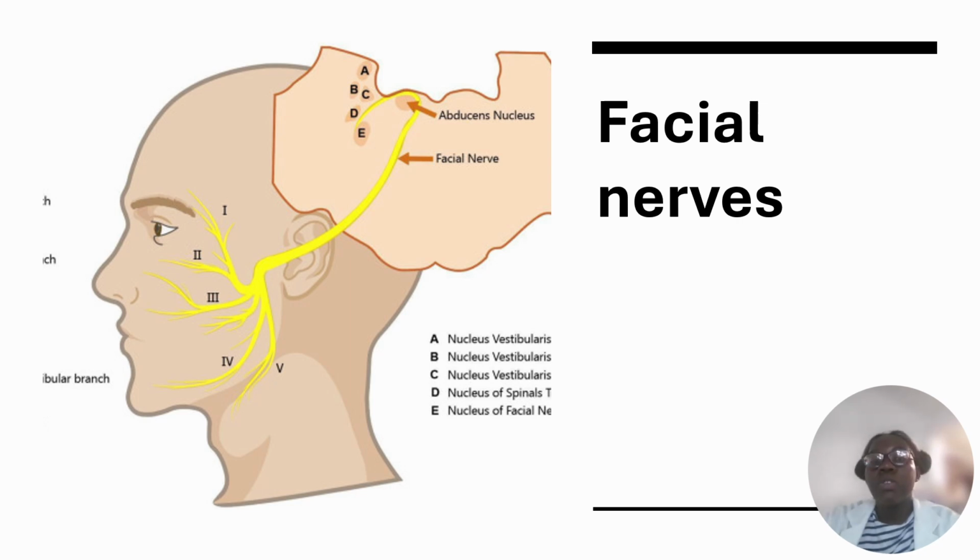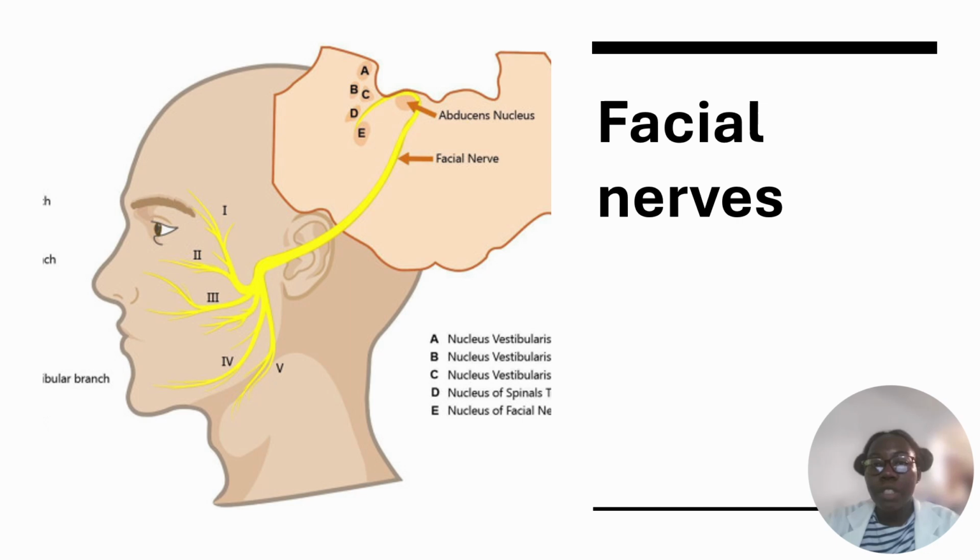Our face moves thanks to the facial nerves that provide impulses to those face muscles, so the zygomaticus muscles and so on. All the other muscles for expression are linked to the facial nerve.